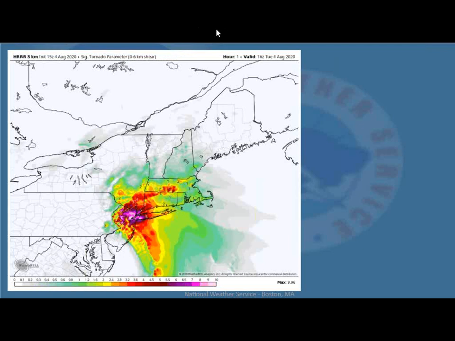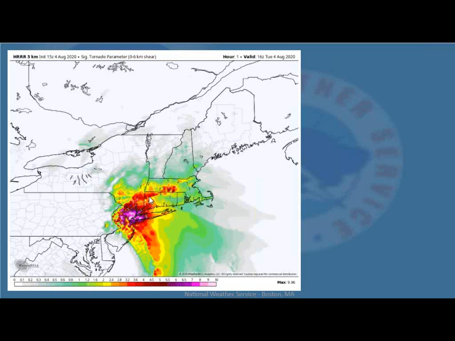And this is taking a look at the high-res model, the HRRR. This is the significant tornado parameter, and you can see that there are some very high values towards New Jersey and New York City. Sure enough, that was where SPC had a 10% probability of tornadoes.